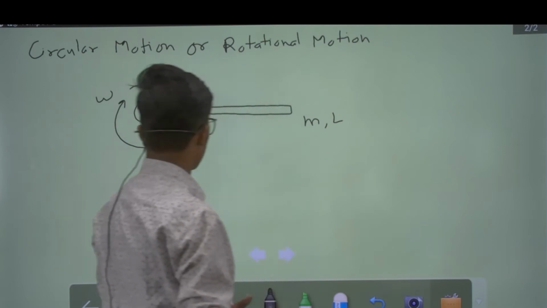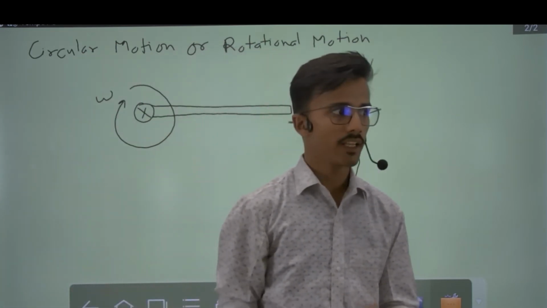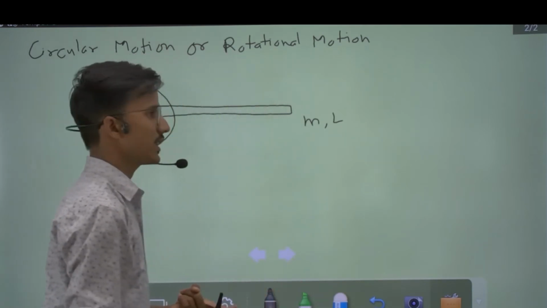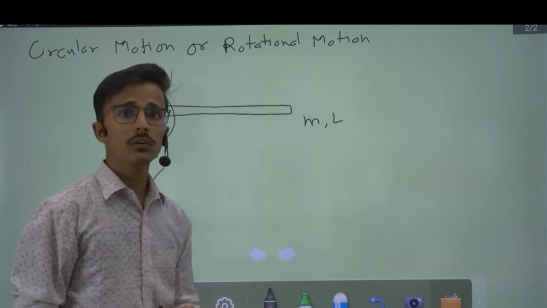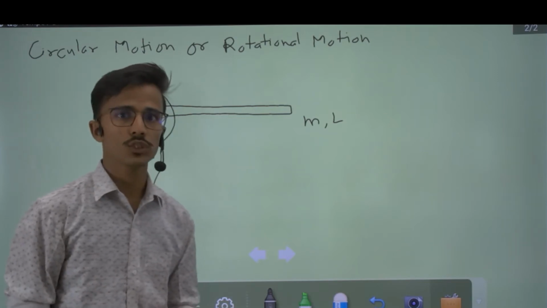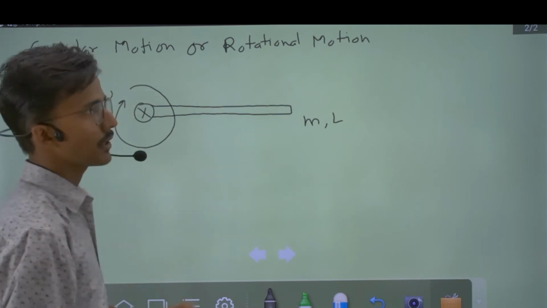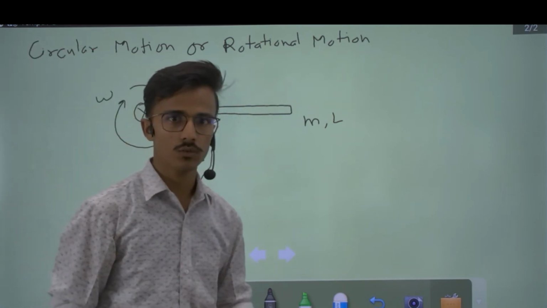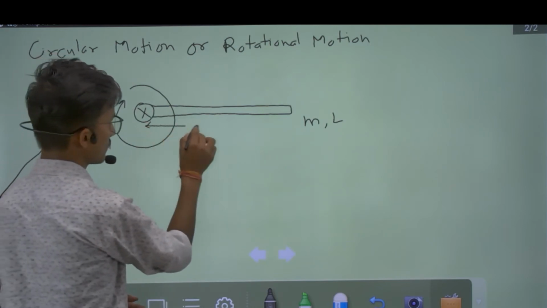What is the difference between translation motion and rotational motion? In translation motion, as I told you, the velocity of every particle will be the same. But in this case, the velocity of every particle will be different. It will depend on the distance from the axis.